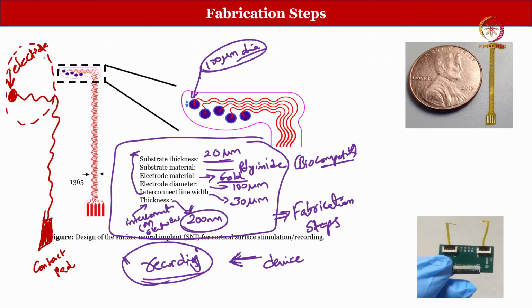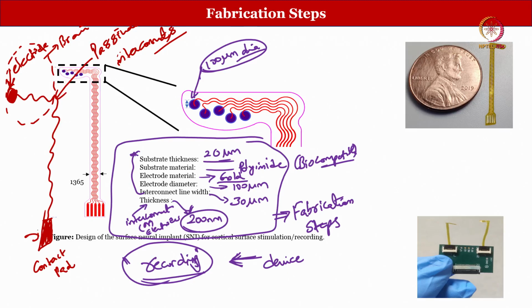There is a brain, and on top of that you are putting this. Only this electrode should pick up the signals from the particular area of interest. So, what we generally do is passivate the interconnects.